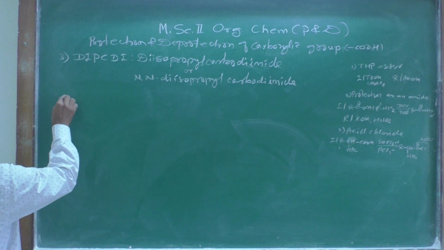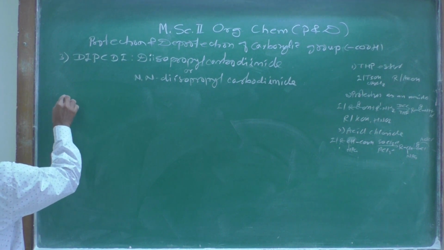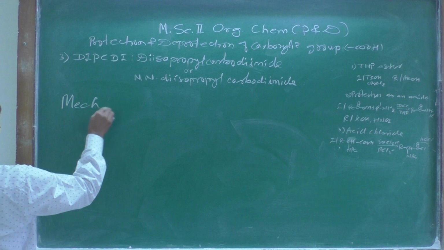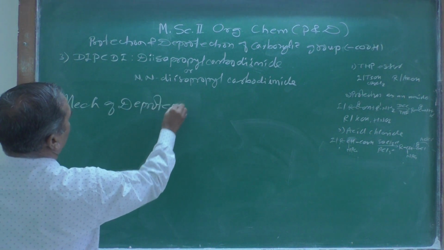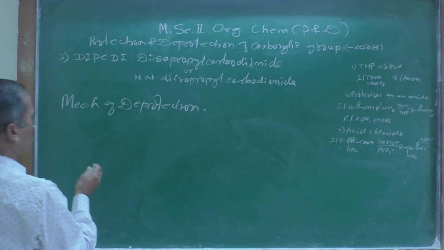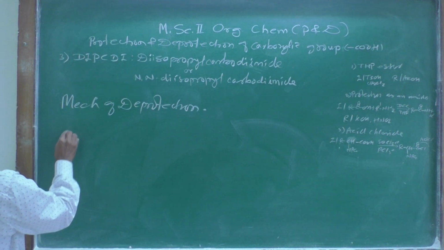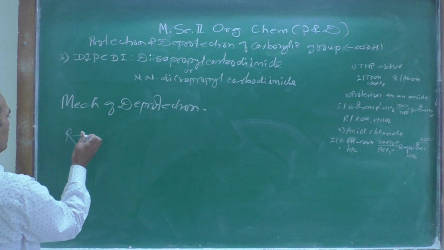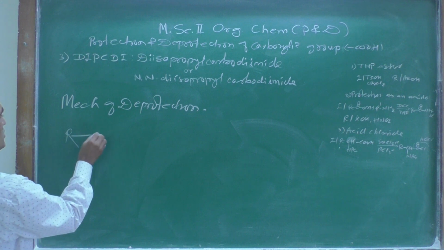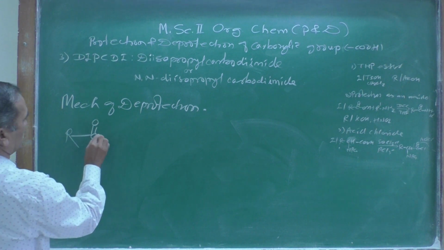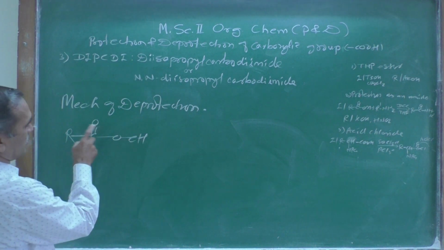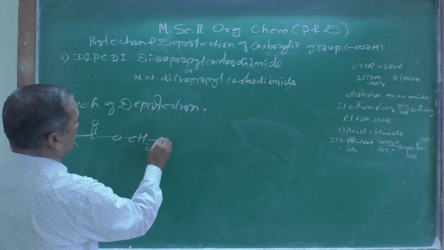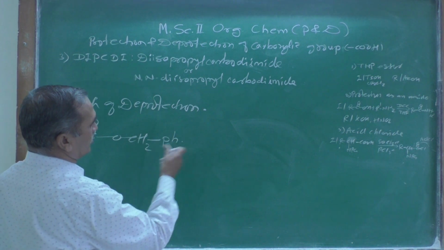As we know, this is the mechanism of deprotection. What is happening here? We have considered only a general reaction: this R C double bond O, CH2 and then pH.